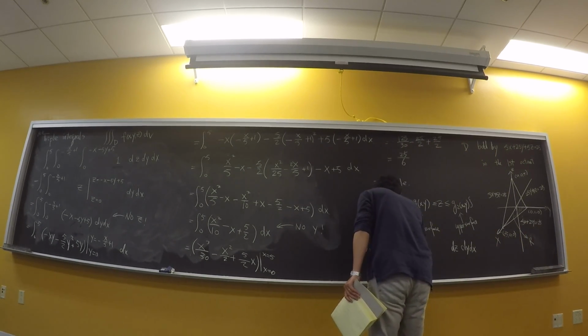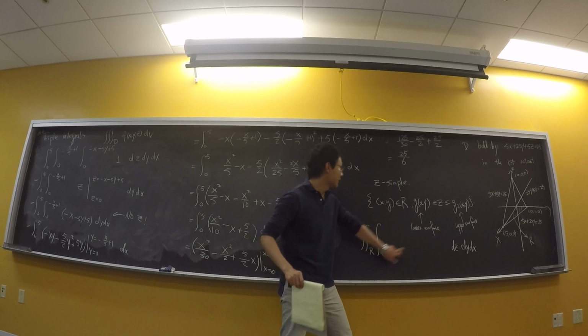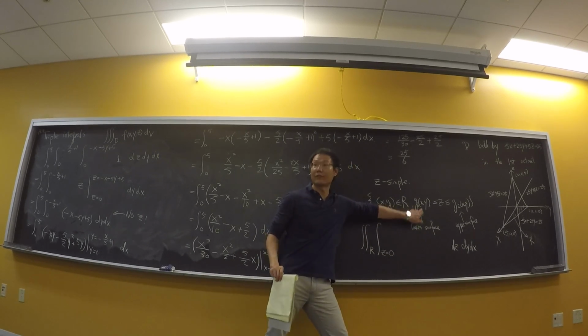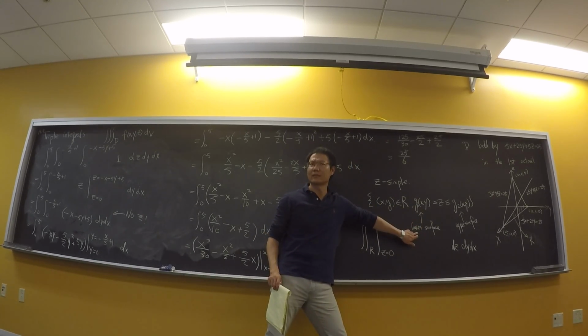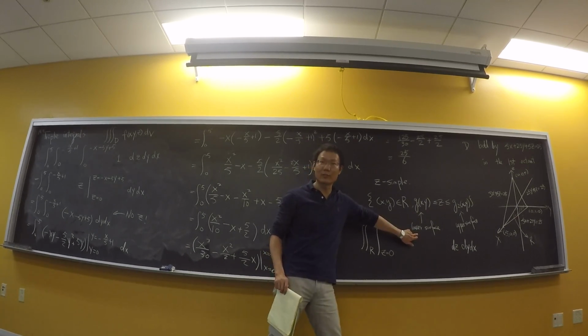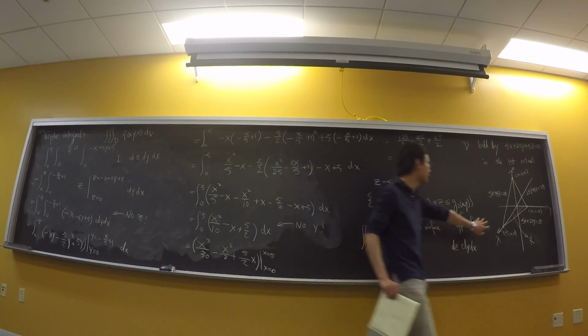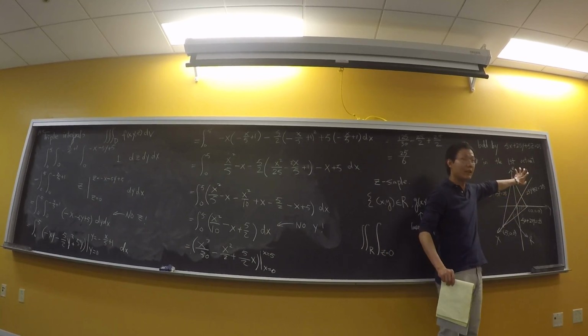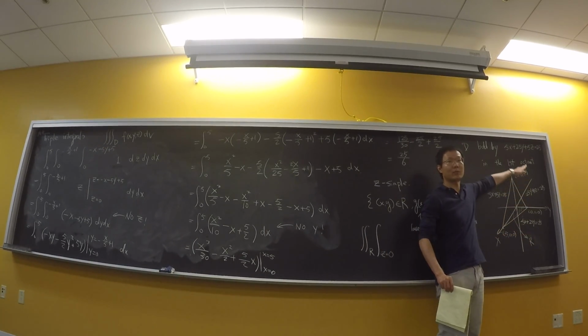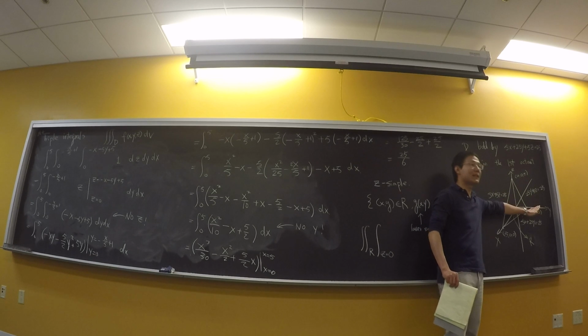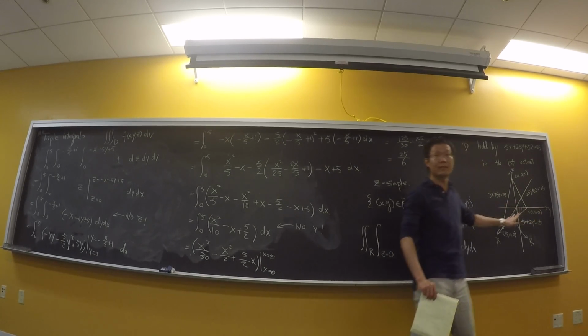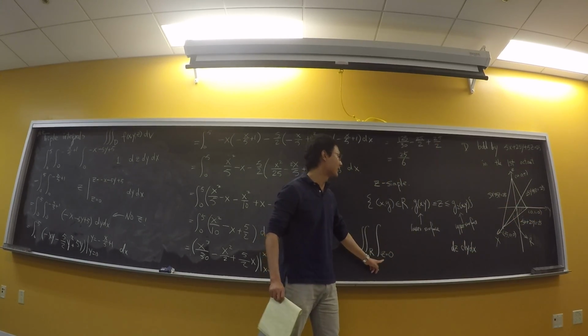So z is equal to 0. So this is indeed the function to define the lower surface here. You agree with me? This has to be the equation to define the lower surface, because this whole thing is an integration solid. This solid is above the xy plane, and the lowest is actually on the xy plane. So this is indeed the equation to define the lower surface.